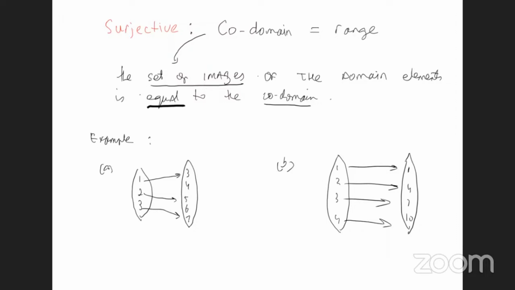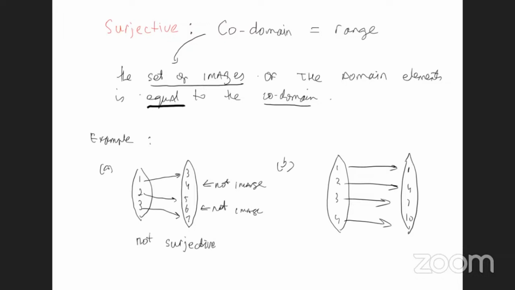By looking at it, is A surjective or not? Not surjective. Why? Because these values are not images. Every value in the codomain must be an image. So those two are not images.